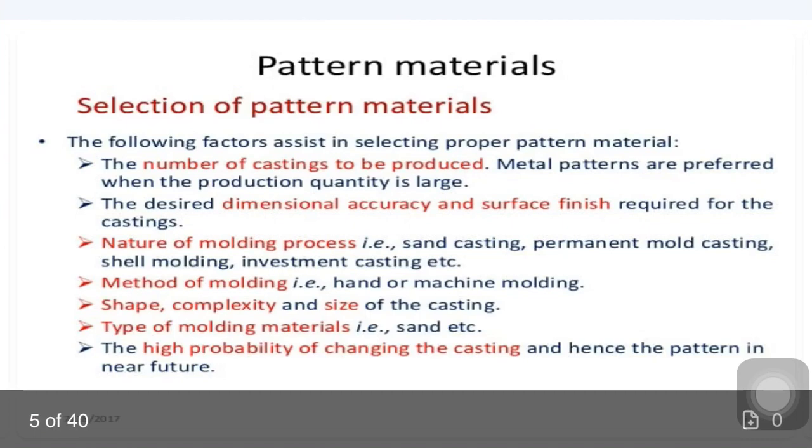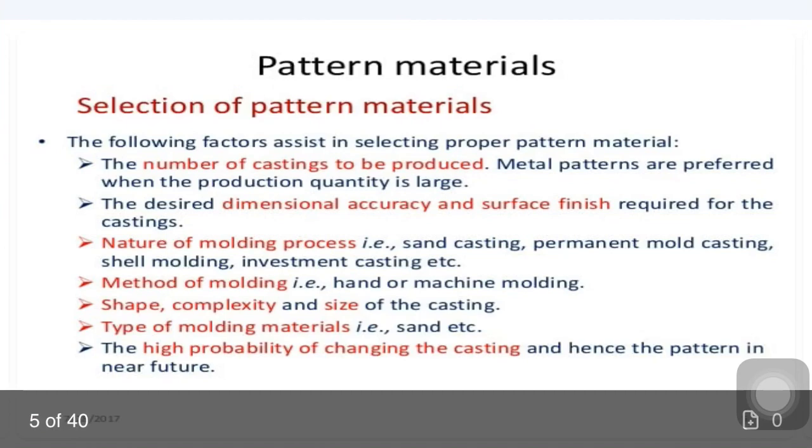Suppose you don't require high accuracy and high surface finish, in that condition you can make your patents from wood materials, which are easy and very cheap patent making materials. While compared to wood, metal has higher fabrication and construction cost, the overall cost will be higher, and it will give higher dimensional accuracy. So based on the dimensional accuracy and surface finish you require, the desired material selection will be done.